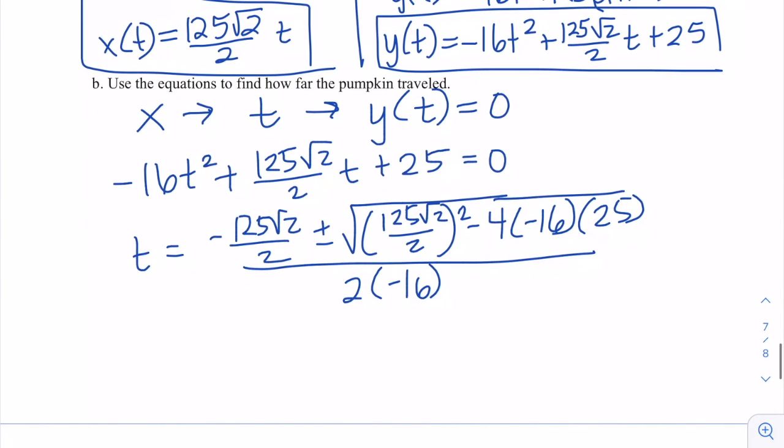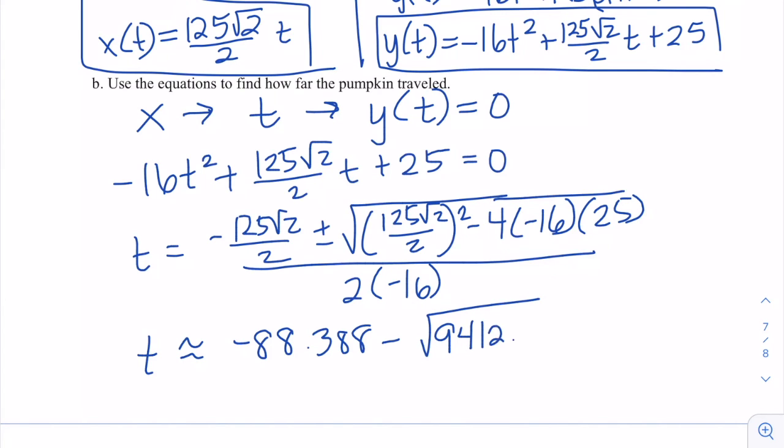So we can tell that the denominator is going to be negative, so we actually want to find the negative value in the numerator. So I'm going to simplify this into negative 88.388 minus the square root of 9,412.5 over negative 32. And that time will be approximately 5.79.